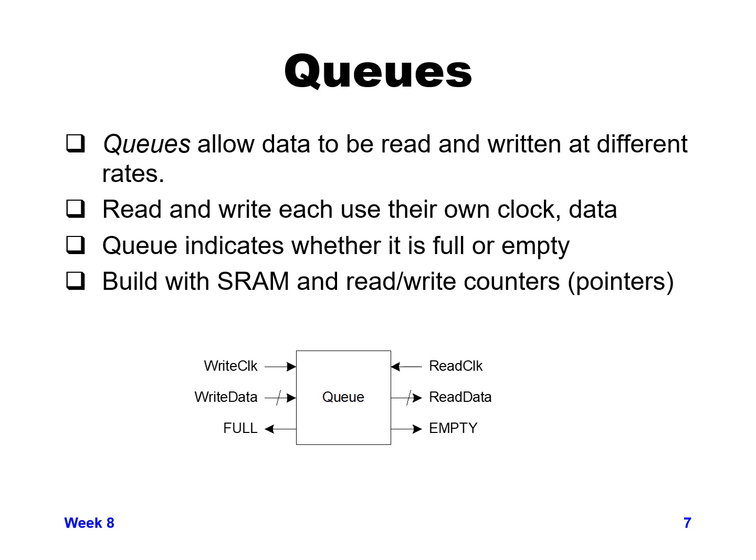So as I said, the read and write each use their own clock, and they each read or write the data at their own time. In addition, the queue has to indicate if it gets full. If you're trying to write data in, whatever's doing the writing has to know that the queue isn't totally full. So there's a signal that says, hey, my queue is full, you can't write any more data in, and you have to pause doing whatever you're doing.